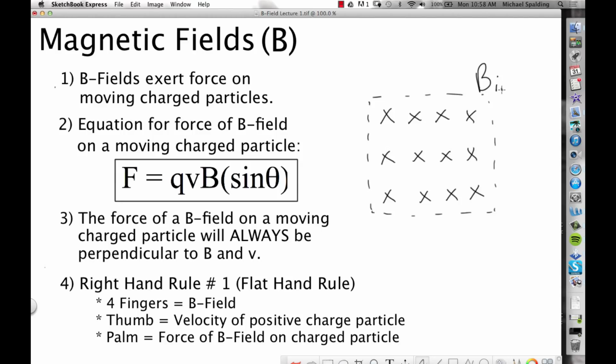So we have magnetic field going in, and then let's say we have a positive charge that's shot into that magnetic field region. Which way is the force on that positive charge going to be? Well, don't use your left hand. A left hand would be for a negative charge.